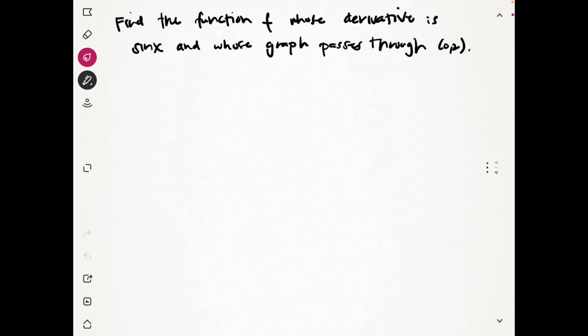All right, it's saying find the function f whose derivative is sine x and whose graph passes through (0, 2). Okay, so they're giving us some information here. If the derivative is sine, well, the derivative of cosine is negative sine. So if we have a negative to start with, then we have a sine.